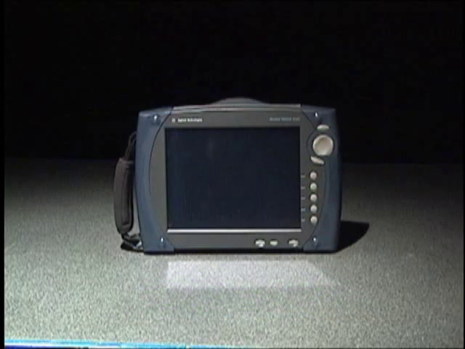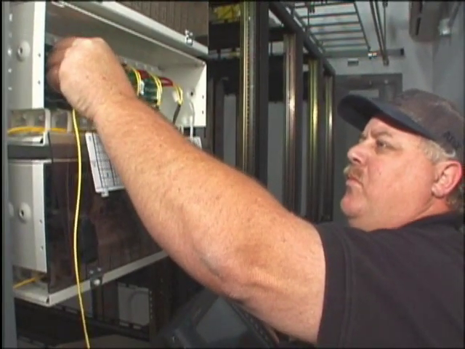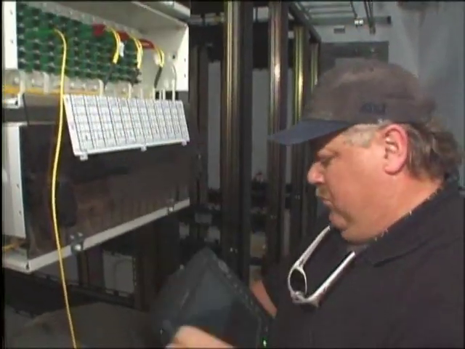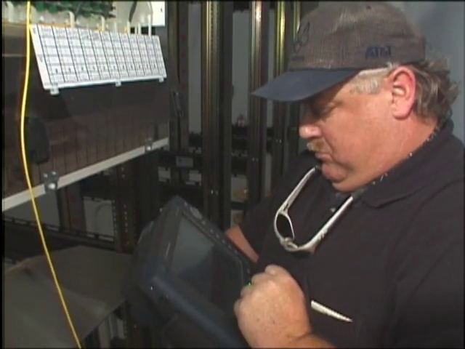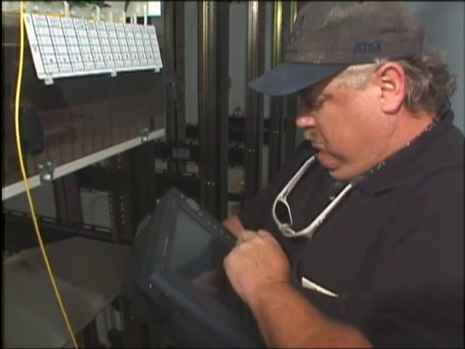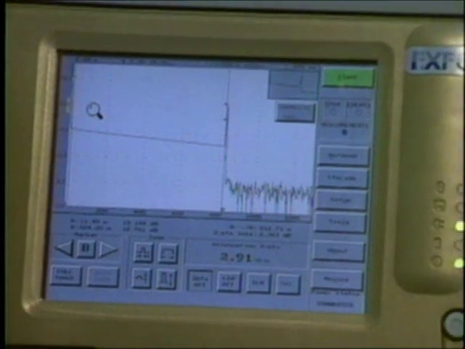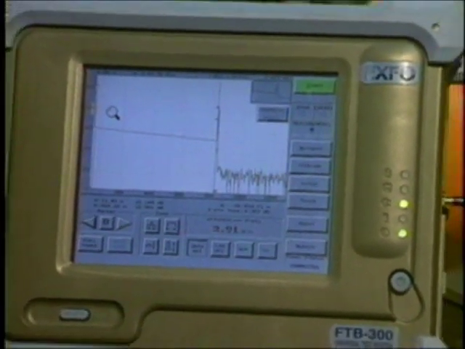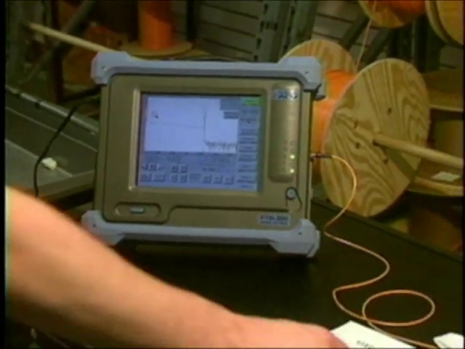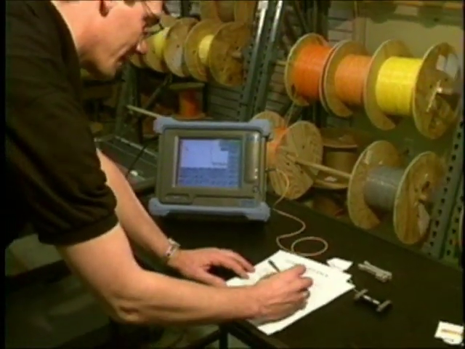The OTDR, or Optical Time Domain Reflectometer, is an instrument used to test the light transmission ability of an optical fiber cable or span, and is the only instrument that can determine both the location and magnitude of a problem. The OTDR has become the most widely used and versatile instrument for testing optical cables during installation, maintenance, and restoration.